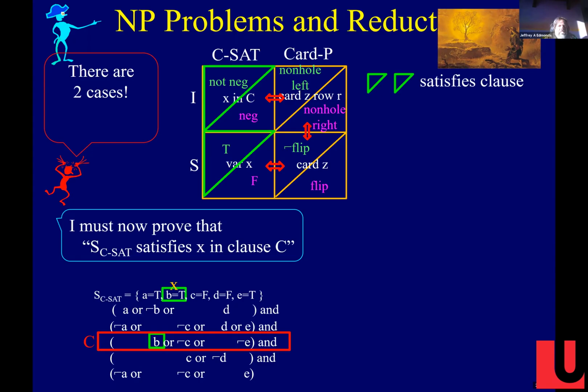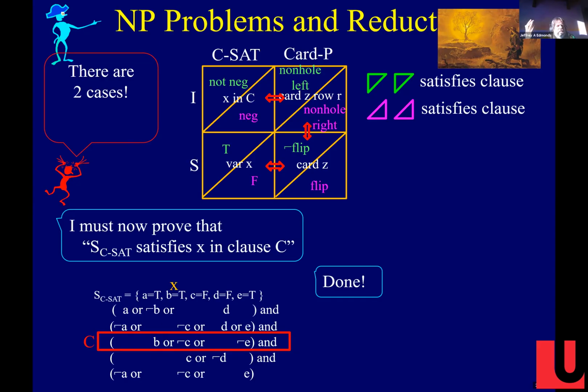That satisfies the clause. And what about these bottom guys? If the variable is negated and we set the variable to be false, then that also satisfies the clause. So the conclusion is that we've satisfied the clause.